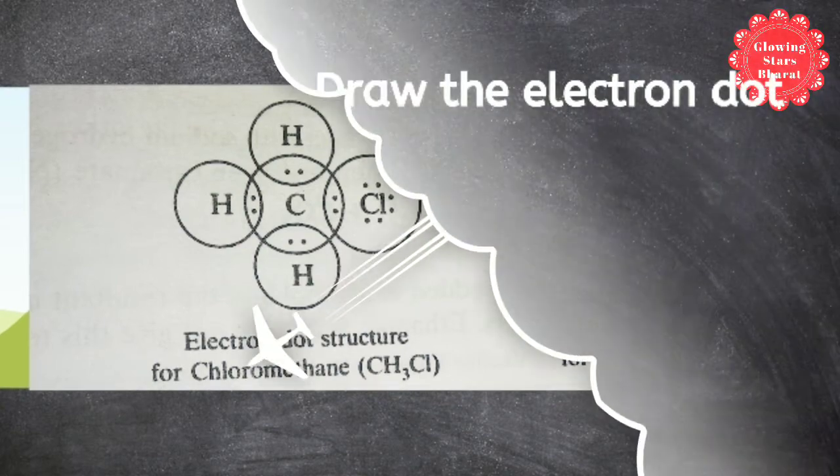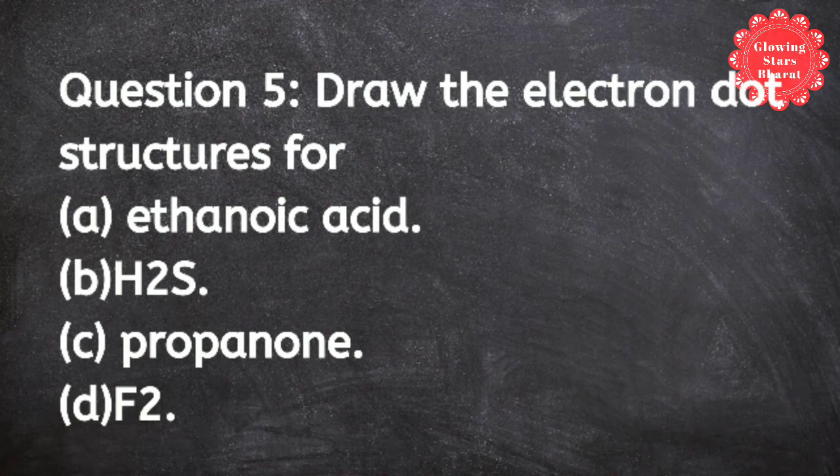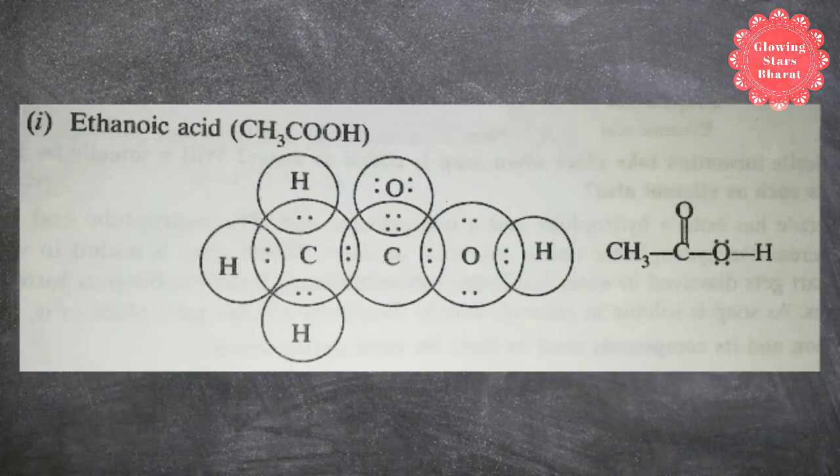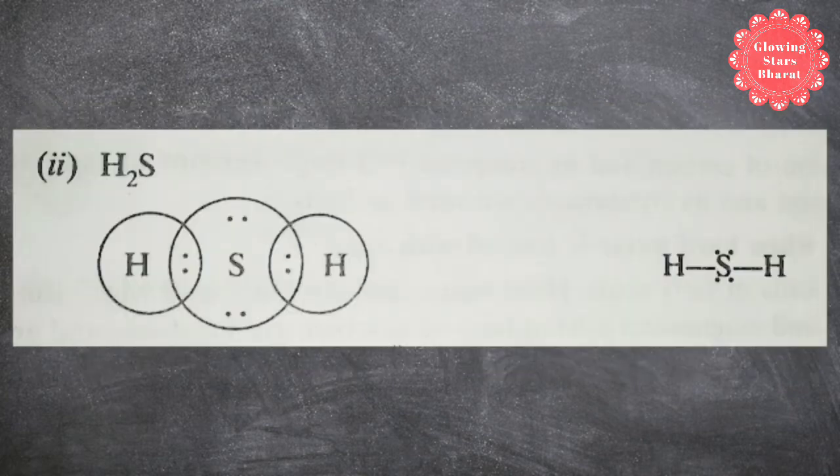Next question, question number 5. Draw the electron dot structure for ethanoic acid, H2S, propanone and F2. First, ethanoic acid, CH3COOH. See the electron dot structure of ethanoic acid. Next, H2S.